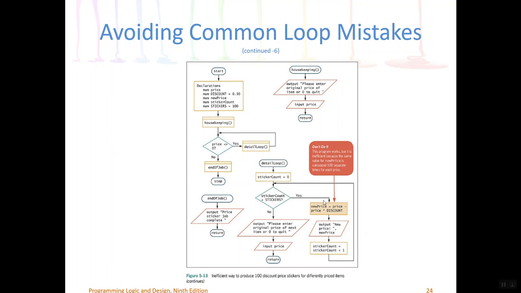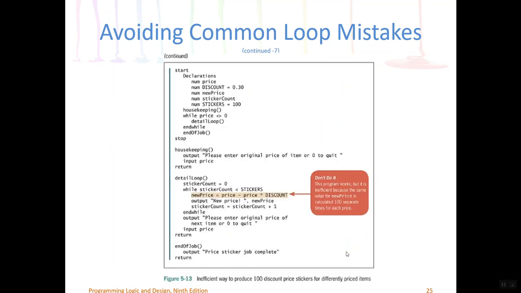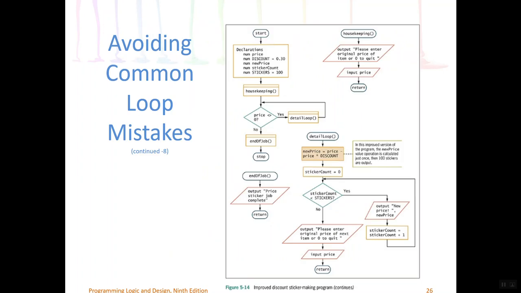Remember, anything that's in this loop body is going to iterate multiple times. A better way to do this would be to restructure the detail loop. Before we start the loop, let's calculate the new price, and then go in and print our 100 stickers based on that new price. This shaves off work for the program, making it more efficient.